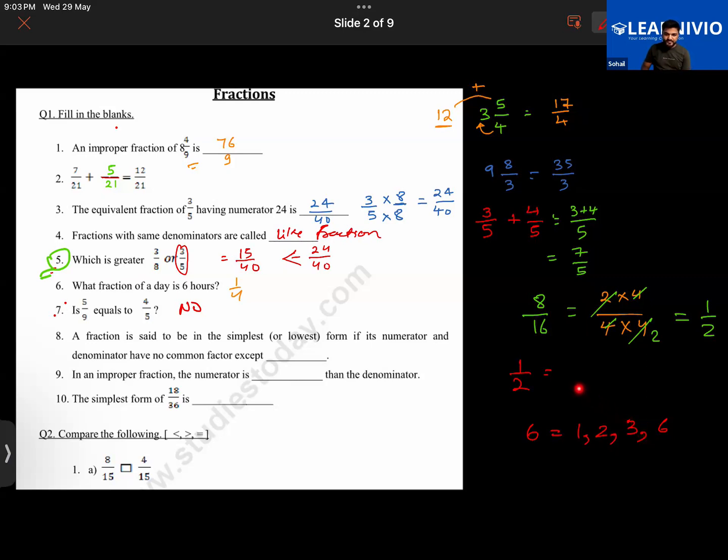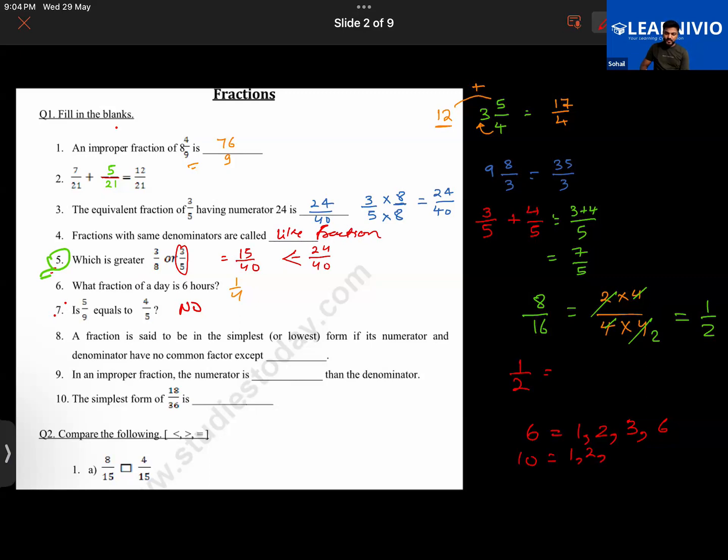Are you actually getting it? Okay, what about 10? 1, 2, 5, and 10. Is 10 divisible by 3?